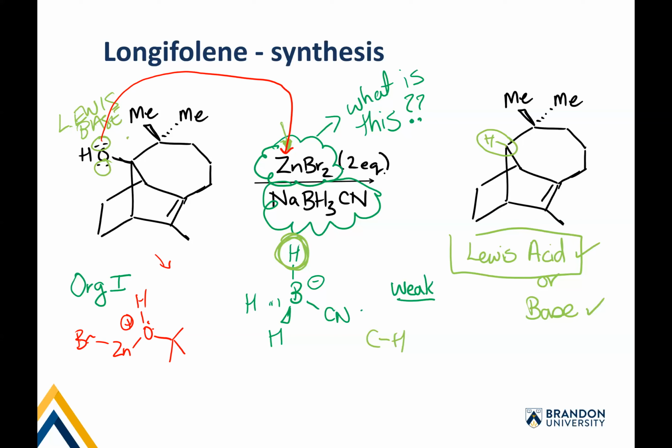But you generate a complex like this, and then this leaves because now it's got a positive charge and it can leave as OH, ZnBr, something like this, and you end up with a carbocation. Bromide, the hydride comes in, and bingo bango, you've got your CH bond.